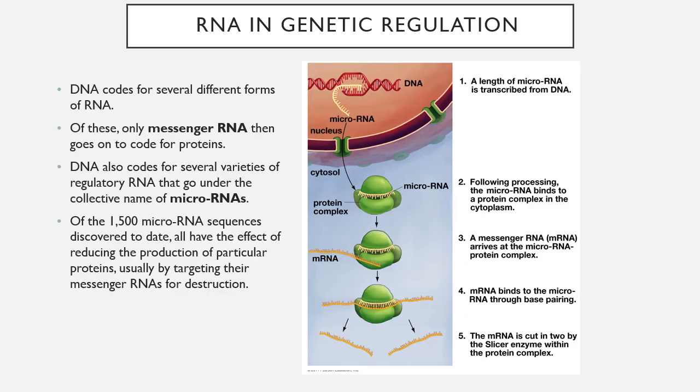So DNA codes for several different forms of RNA. Of these, only messenger RNA then goes on to make proteins. DNA also codes for several varieties of regulatory RNA that undergo the collective name microRNAs. Of the 1,500 microRNA sequences discovered to date, all have the effect of reducing the production of particular proteins, usually by targeting their messenger RNAs for destruction.